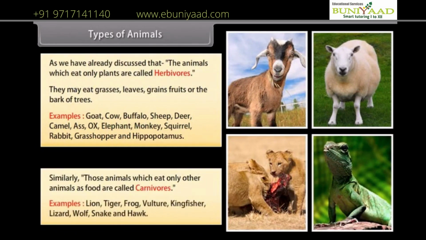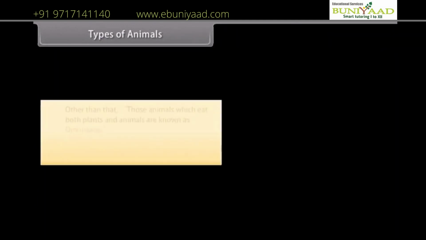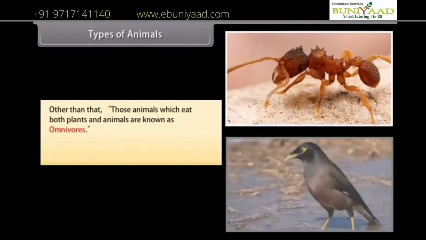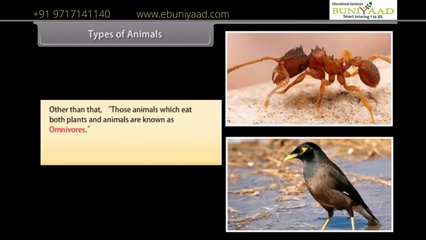Examples: lion, tiger, frog, vulture, kingfisher, lizard, wolf, snake, and hawk. Other than that, those animals which eat both plants and animals are known as omnivorous. Examples: man, dog, crow, sparrow, bear, myna, and ant.